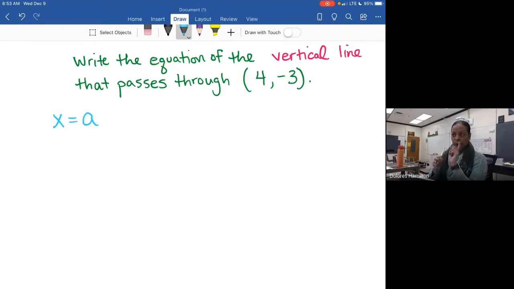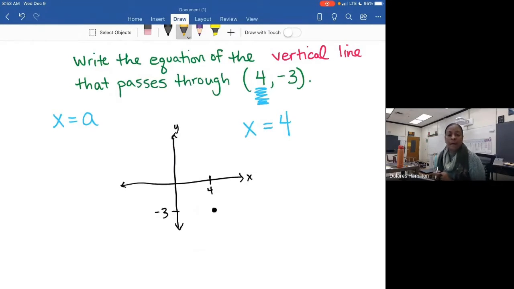So now we're going to look at that ordered pair and focus primarily on that x value. So our equation would read x has to equal 4. And once again, if we looked at the point on our coordinate plane, in order for that vertical line to contain that point, it has to be the vertical line x equals 4.